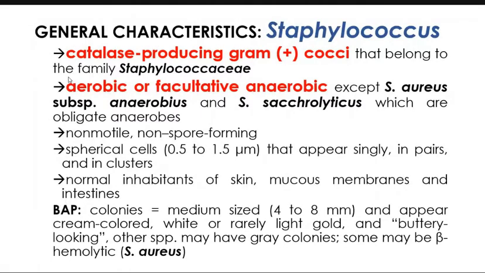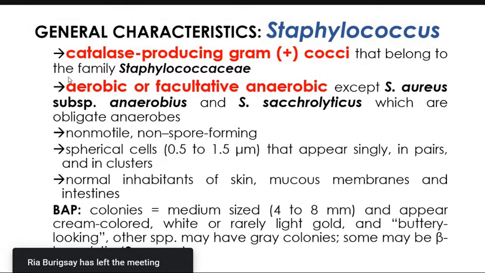Of course, we know they are non-motile and non-spore-forming, and they are spherical cells, which is why they are called Staphylococcus, with a size ranging from 0.5 to 1.5 micrometers that appear singly, or in pairs, but most of them are in clusters. They're considered normal inhabitants of the skin, our normal flora or microbiota, all the mucous membranes, and also the intestines.